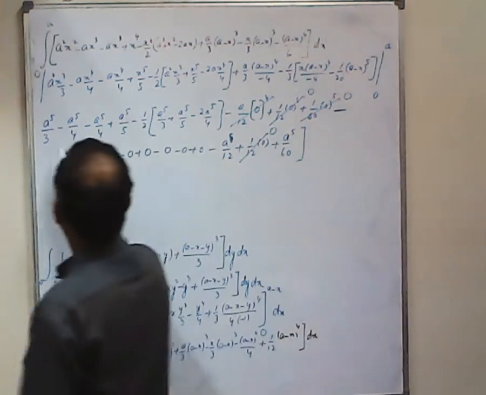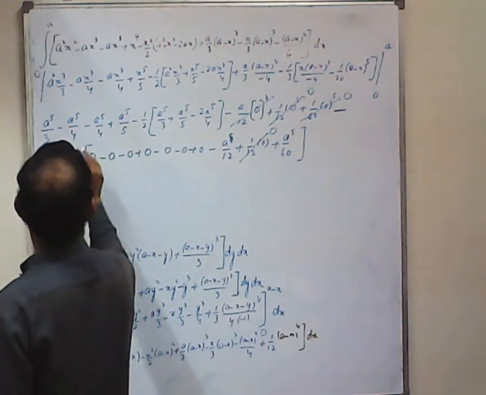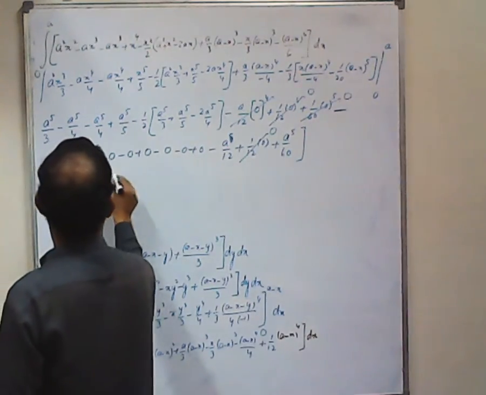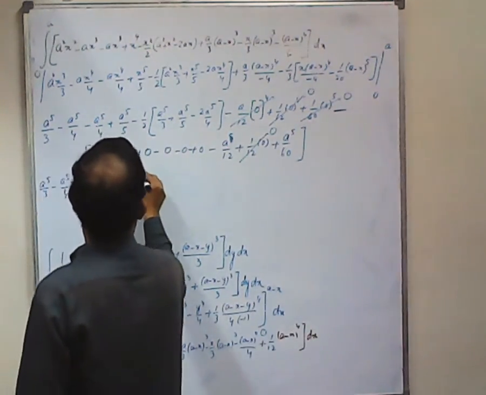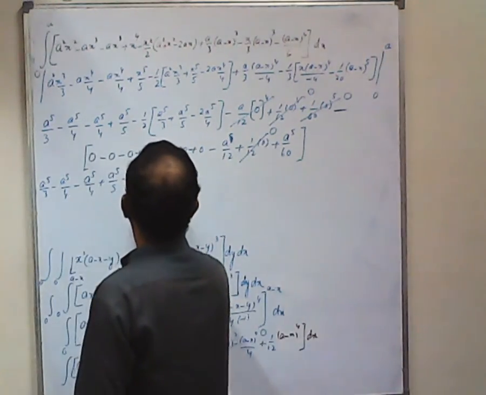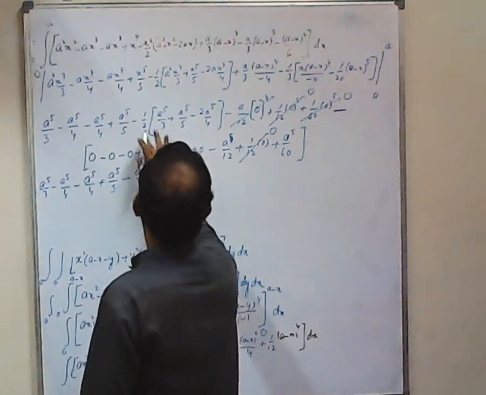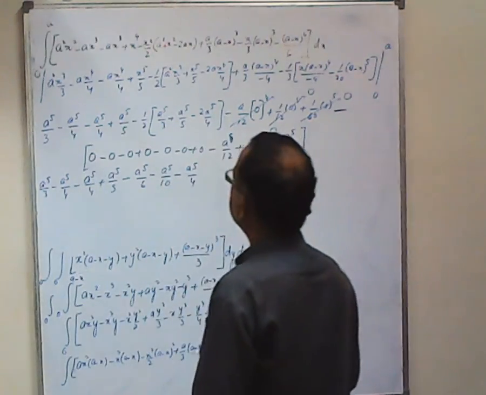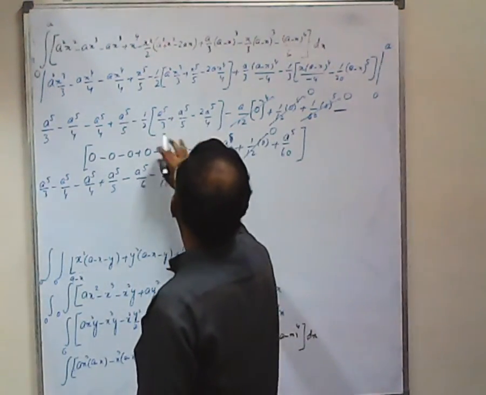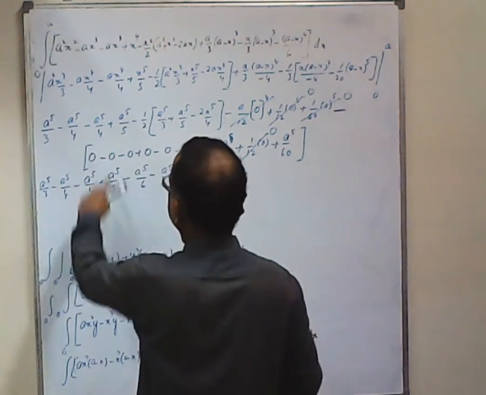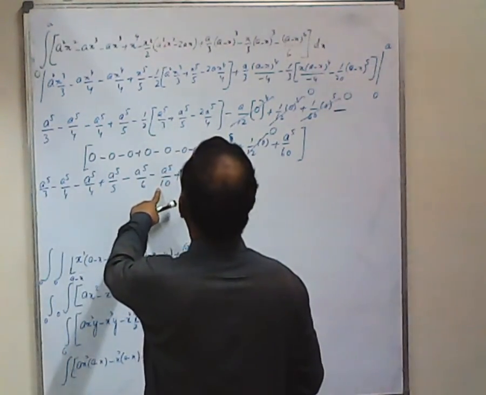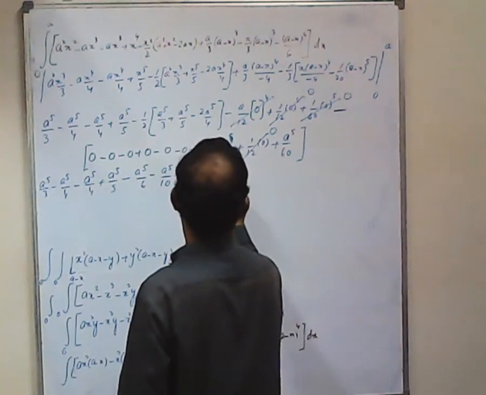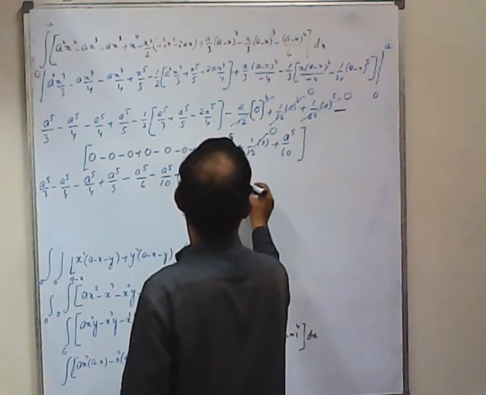So what we are left with is a power 5 by 3 minus a power 5 by 4 minus a power 5 by 4 plus a power 5 by 5 minus a power 5 by 6 minus a power 5 by 10, 2 5s are 10, and minus a power 5 by 4, sorry, minus plus a power 5 by 4, 2 cancels with 2, so this is minus, and this is plus, then these cancel, then minus plus a power 5 by 12 and minus a power 5 by 60.